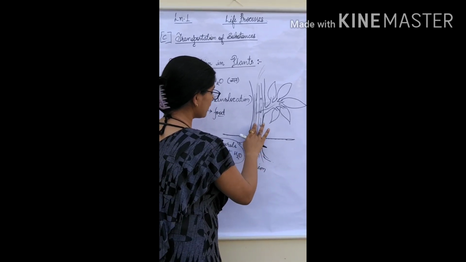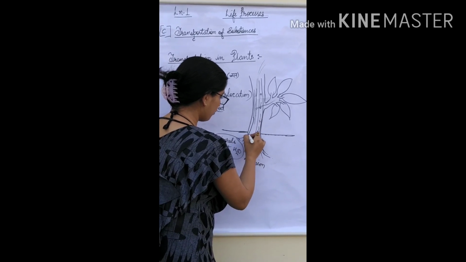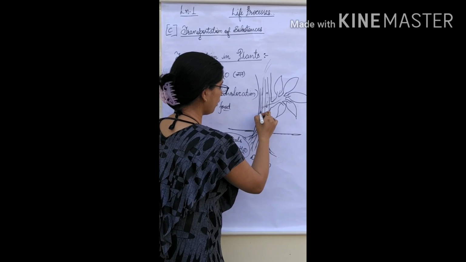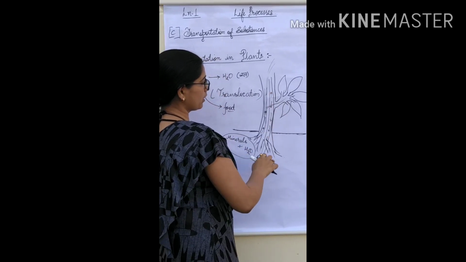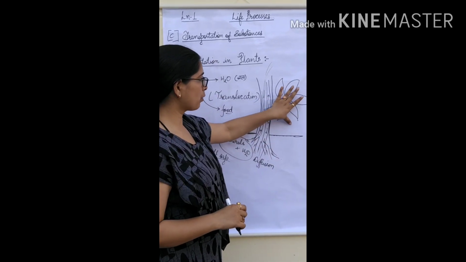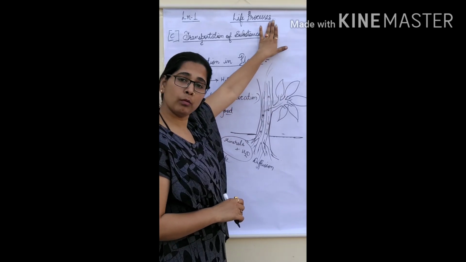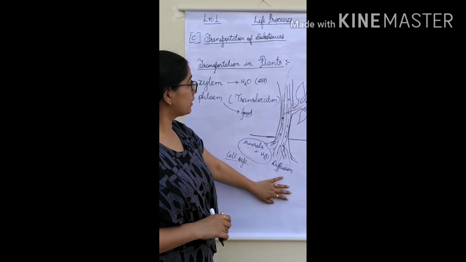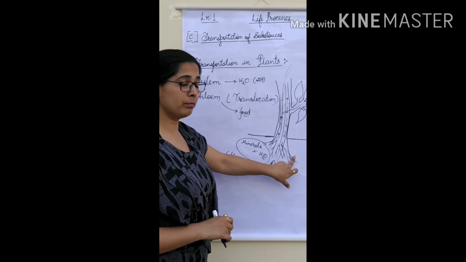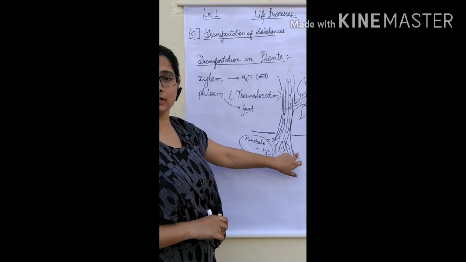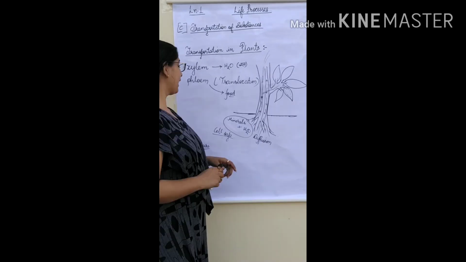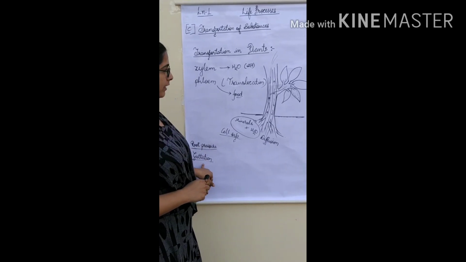In the xylem vessels, the movement is against gravity, but phloem runs in both directions. It provides food to the top of the plant and to the root of the plant. So phloem runs in both directions, whereas xylem runs in one direction, against gravity.